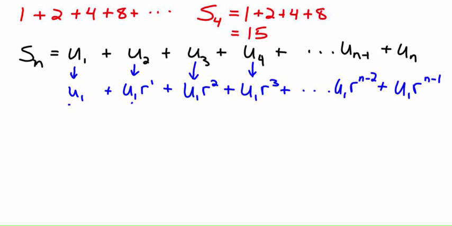Let me get rid of these little dots so we can have it nice and clean. So we've got our series written out in terms of u of 1, using u of 1 all the way across the board. So S of n equals the sum of all of this in the blue there.